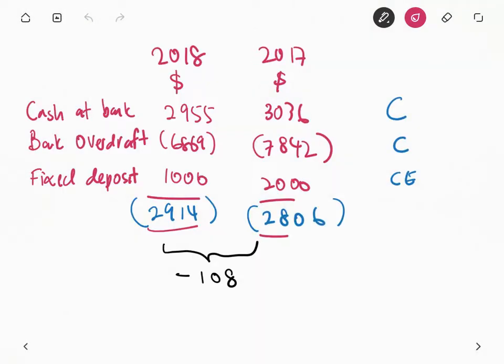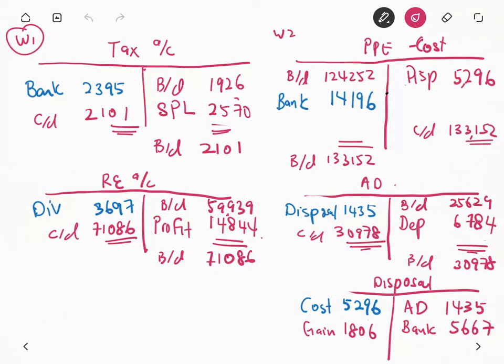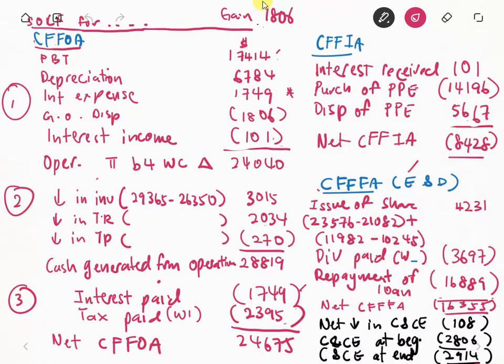Remember last week's class, we adjust for depreciation, interest expenses, add back. If it's a gain or income, we minus. Interest income, we minus. So these are the adjustments.